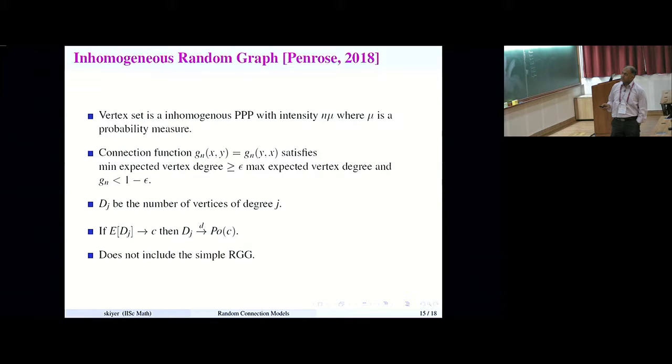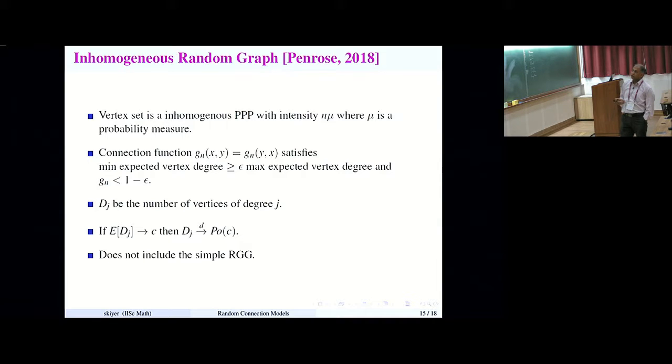And this doesn't seem to be such a terrible condition, whereas this seems to be rather stringent. You require the connection function to be bounded away from 1. Now you can see that this graph is very, very general. You're allowing for all kinds of underlying distribution of your points as well as all kinds of connection functions, but you want the connection function to be bounded away from 1. Okay? That seems like a rather stringent condition.